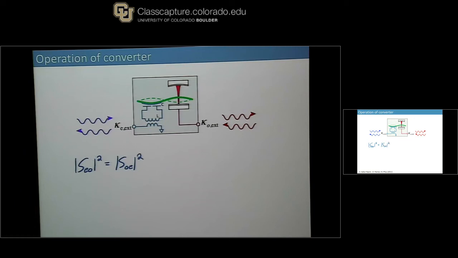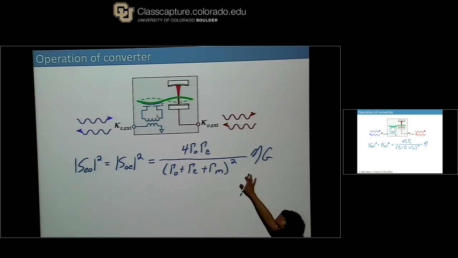So between, say, electrical and optical and electrical, they'll end up being related to these different rates, to these electrical and optical rates, and compared to the sum of all of these damping terms. And then there's an efficiency factor and a gain factor there as well. So we want it to be very efficient. So we want this eta to be 1. We also don't want it to have any gain, so we want that to be 1.